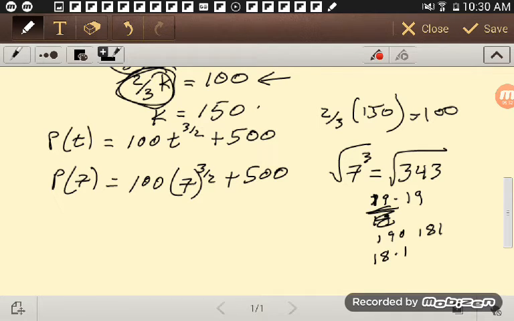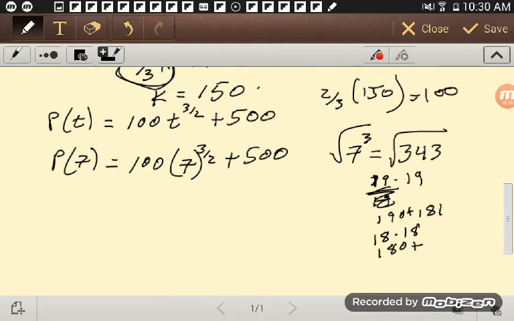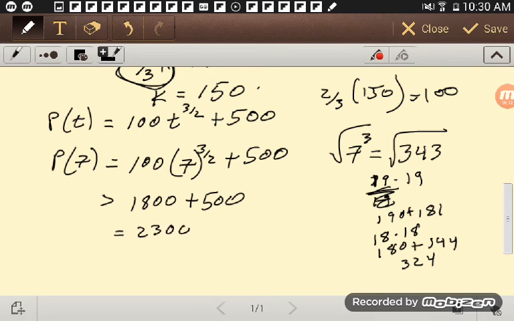Well, 18 times 18, that's 180 plus 8 times 18, and 8 times 18 is 144, and so that's 324. Oh, so it's a little bit bigger than 18, so P of 7 is a little bit bigger than 1800 plus 500, which happens to be equal to 2300.